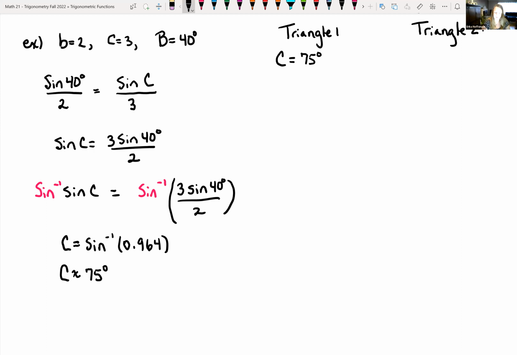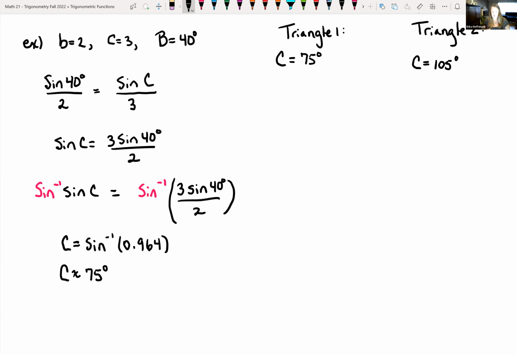We're going to assume that this 75 degrees is the reference angle in quadrant 2. So 180 degrees minus 75 degrees is 105 degrees. And so in triangle 2, angle C is 105 degrees.